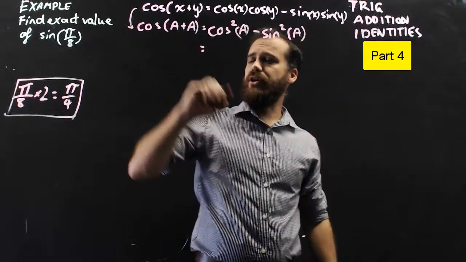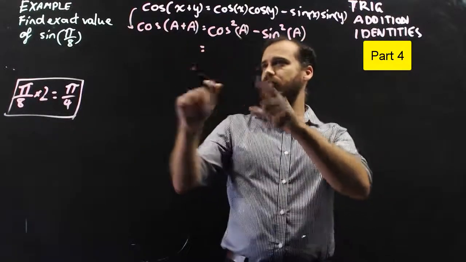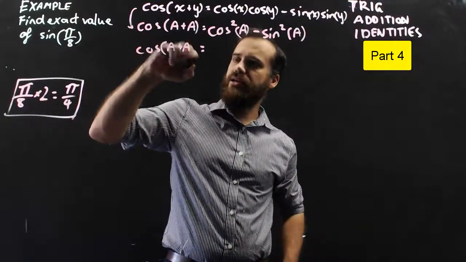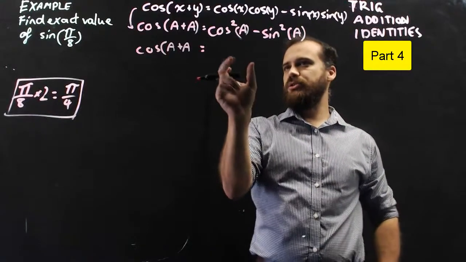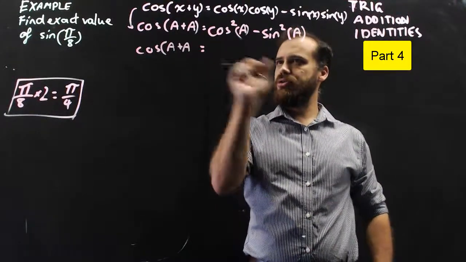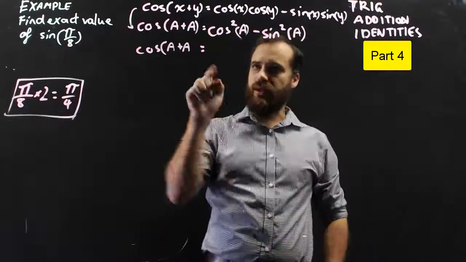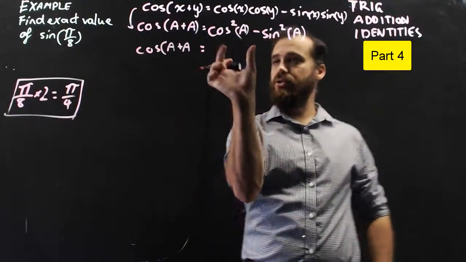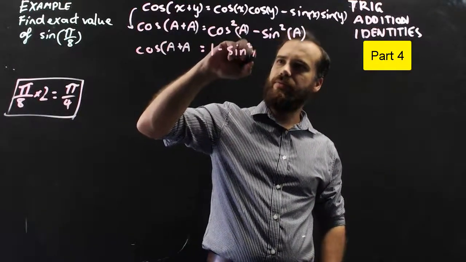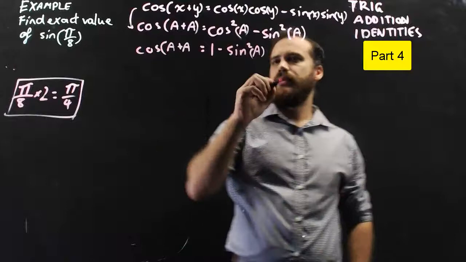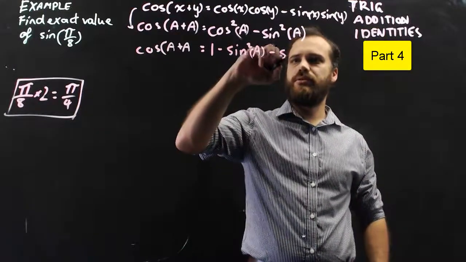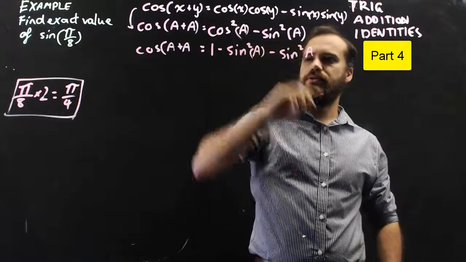Now, if I go one step further, we can say that cos a plus a is going to be equal to, let's replace cos squared a with the Pythagorean identity, 1 minus sine squared a. So now I have 1 minus sine squared a minus sine squared a.